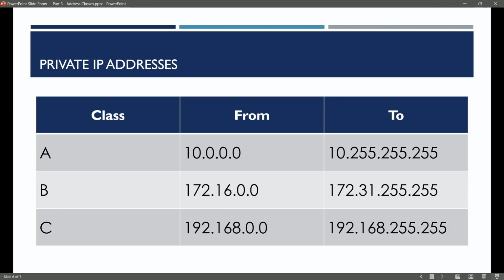The tricky one here is the Class B. Notice it's a series of Class Bs that were reserved from 172.16 to 172.31.255.255. So if we see in the first 2 octets 172.16 or 172.17 or 172.18, you get the idea, all the way up to 172.31, those are all private reserved address ranges.